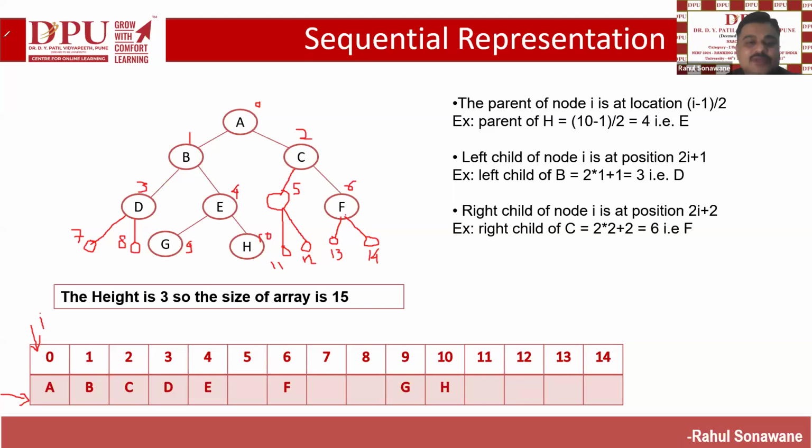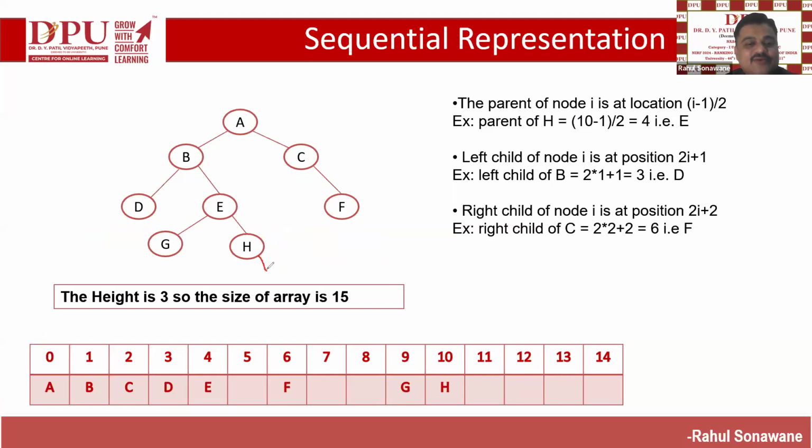Now suppose in this scenario, if one more node is added, right? Let's say we have added 1 child to H. Let's say that child is I. Now, what will be the height of this particular tree? Height will be 4. Yes. So, how much space will we require? 2 raised to 5 minus 1.